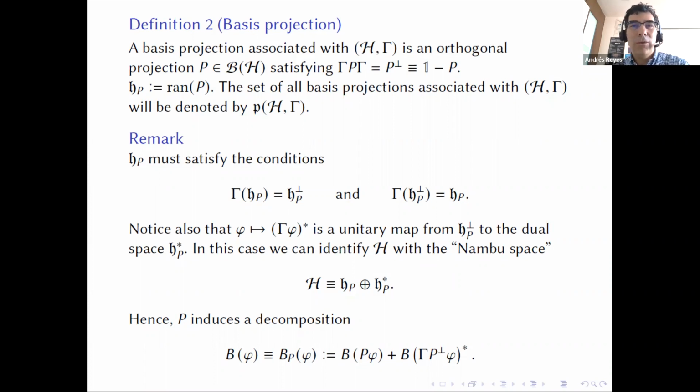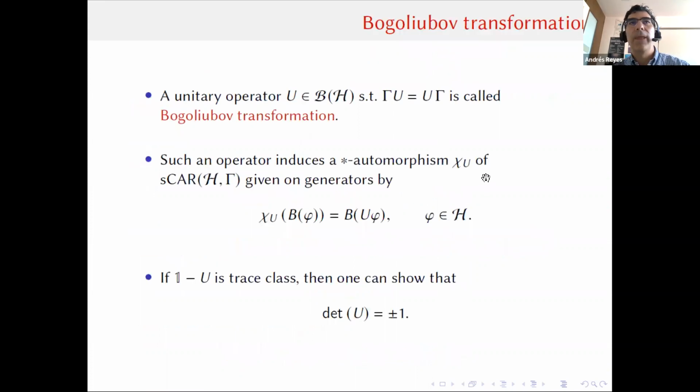So in this language, we are not committing to using a given ground state, because we don't know what the ground state is. We keep all possibilities open, and we can in this way describe all possible forms of fermionic operators by changing this projection. So in the end, it will turn out that the diagonalization of such a quadratic Hamiltonian is equivalent to finding a suitable basis projection. That's the reason for introducing this definition.